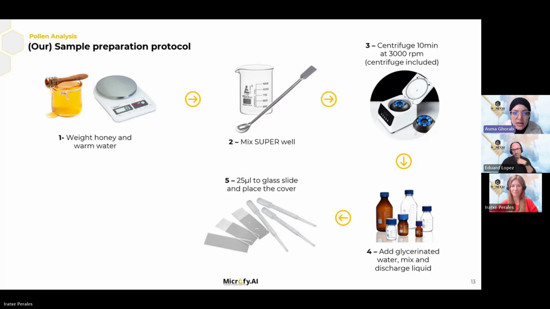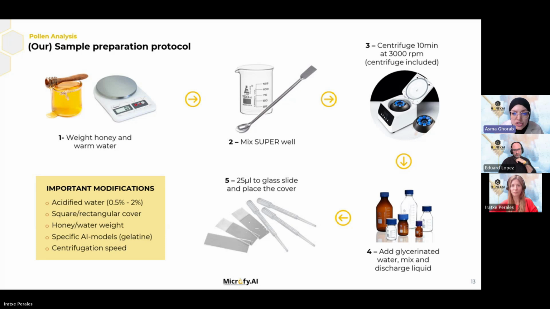However, there are some small variations depending on the type of honey. When the honey is very dirty, for instance, it's necessary to use acidulated water to clean it, to obtain more visible pollen.